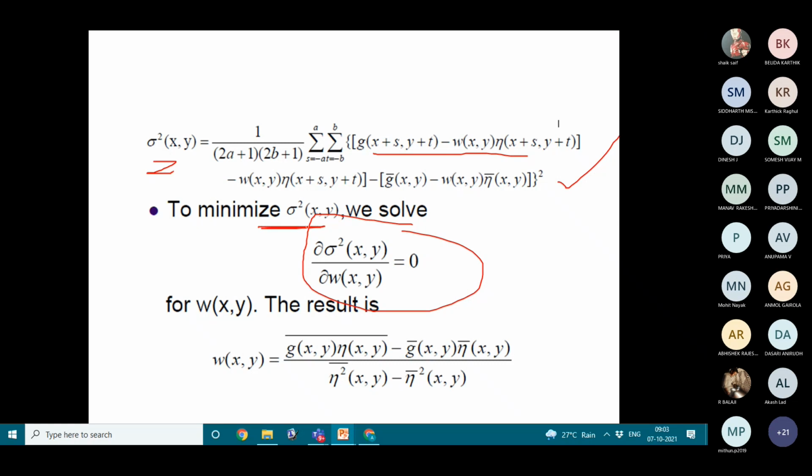Then, after solving, the equation for W will be this. So now we have W. If we have G and eta, we can compute W, and then F cap can be constructed.